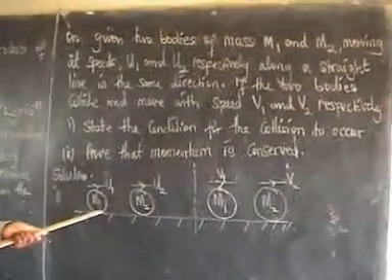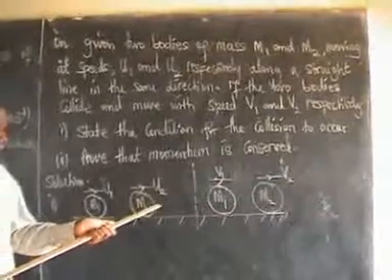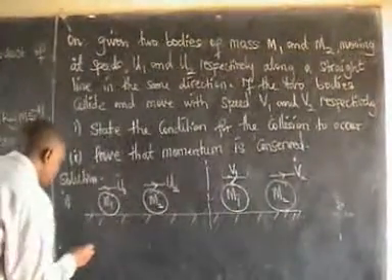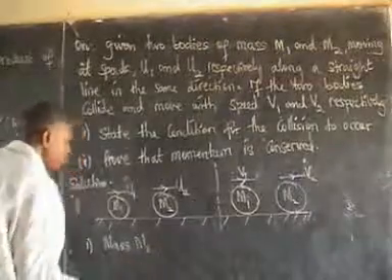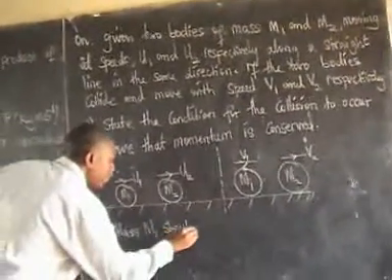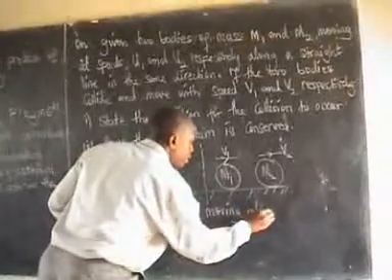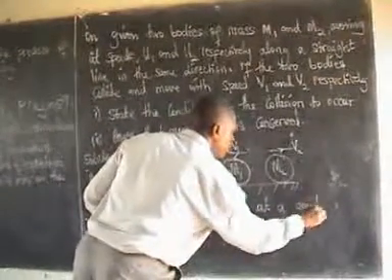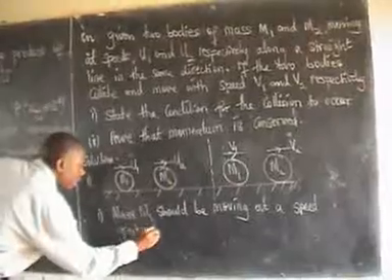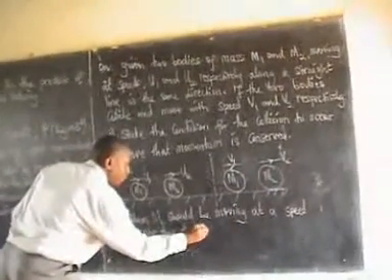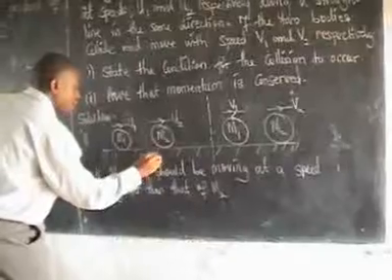So in this case, for collision to result, mass m1 should be moving at a speed greater than that of m2 before impact.